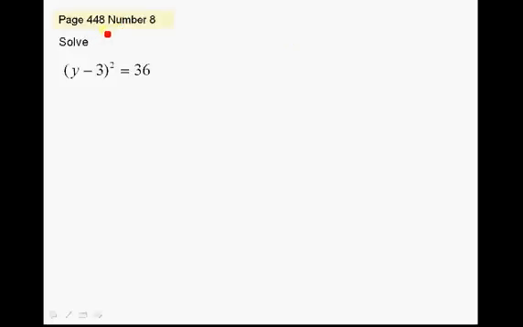page 448. But I do want to call to your attention the property on page 445. You really need to know this. This is the key to solving this work: if x squared equals a, then x equals plus or minus the square root of a. So this is the property.